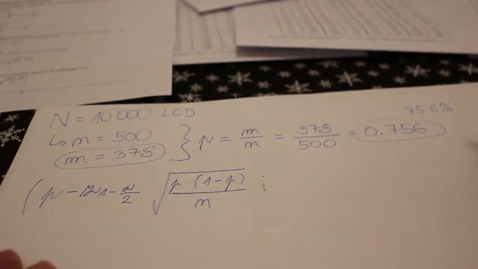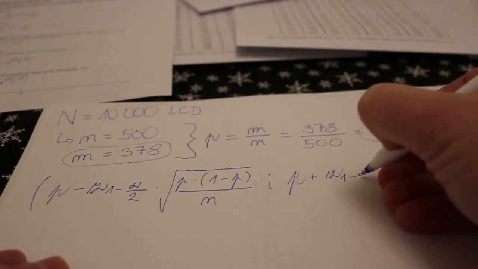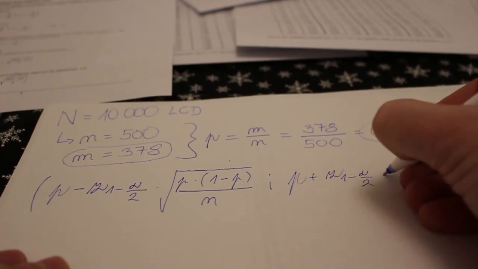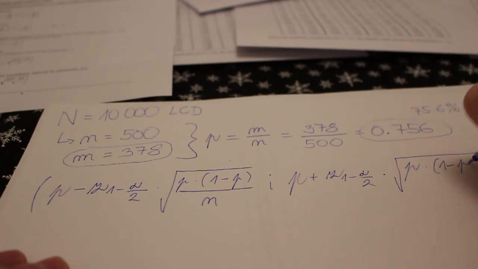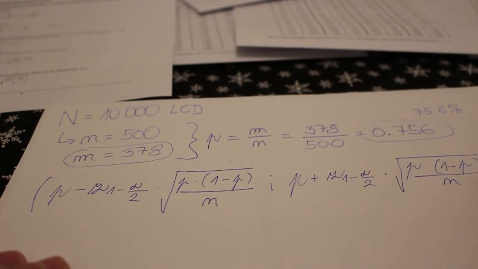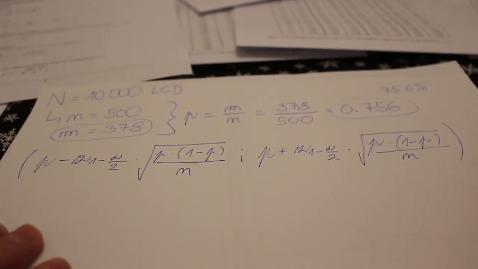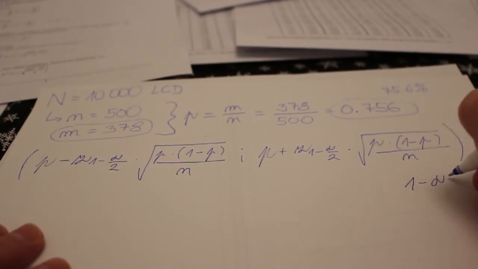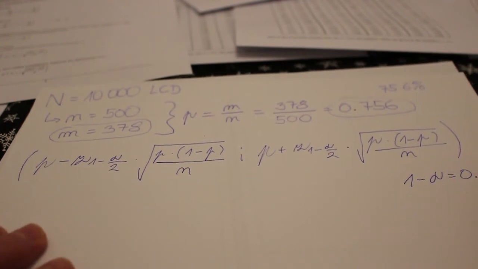And right side, proportion plus z, 1 minus alpha divided by 2, times square root of proportion times 1 minus proportion divided by n. And this confidence interval should have confidence level 1 minus alpha equal to 0.95, 95% two-sided confidence interval.